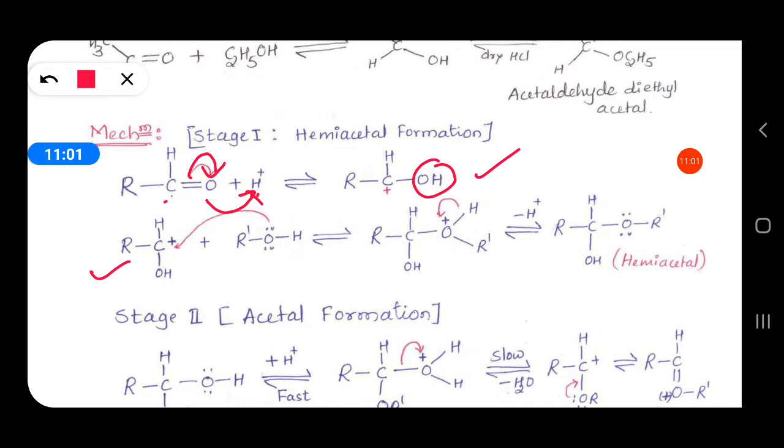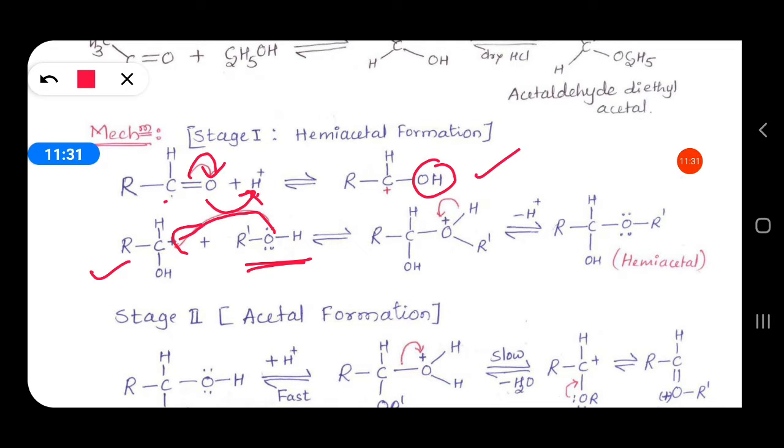This carbocation next reacts with one molecule of alcohol. The oxygen of the alcohol has a lone pair of electrons, so it is rich in electrons, and through this oxygen it will react with the carbocation so that a new carbon oxygen bond is formed.